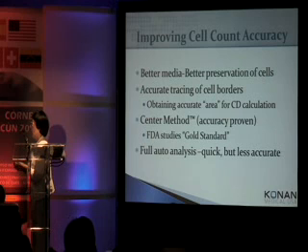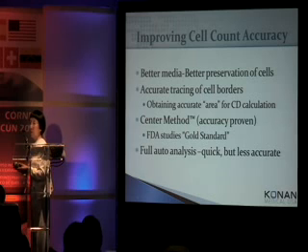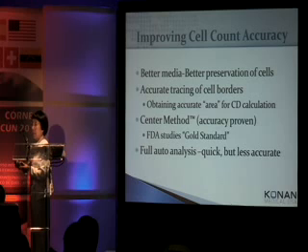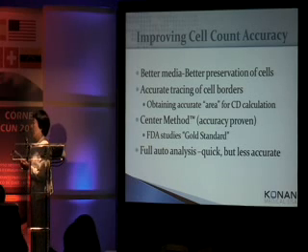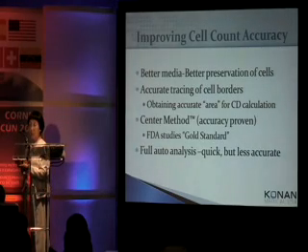Also, accurate tracing of cell borders is needed to obtain accurate area for the cell density calculation. Even if it is difficult to determine the borders to trace around the cells, the human eye can resolve the outline of a cell fairly well.